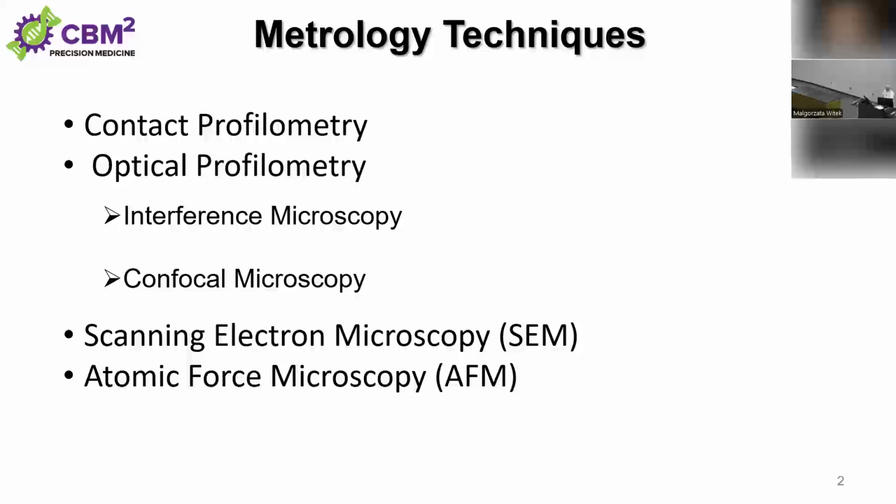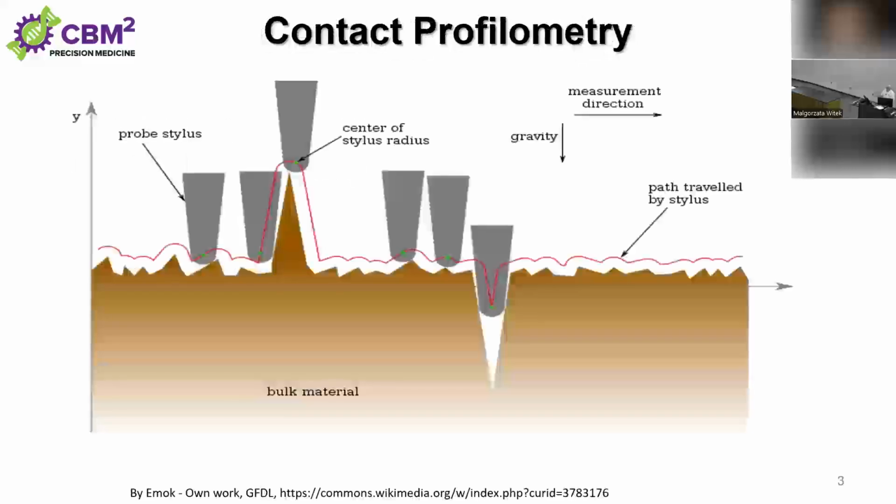One is called optical or non-contact profilometry, which uses a type of microscopy process, and you'll use one of these in the lab when you start making your device. And you've already seen scanning electron microscopy, a really nice tool to measure metrology on the nanometer scale, and atomic force microscopy.